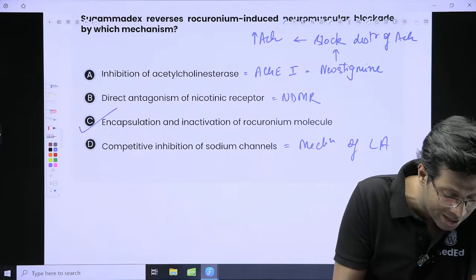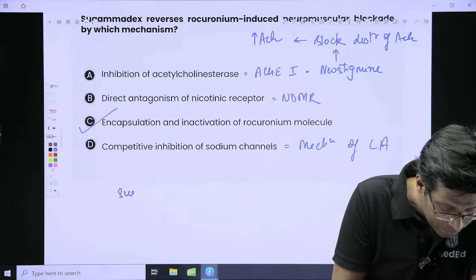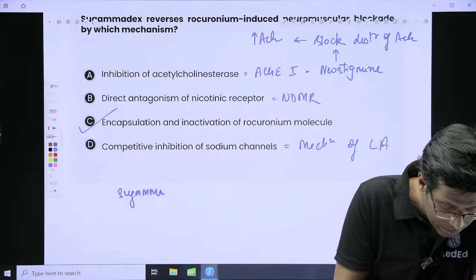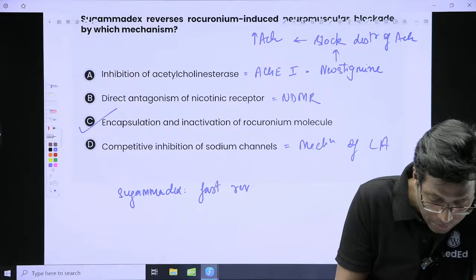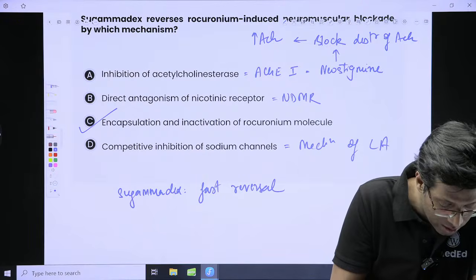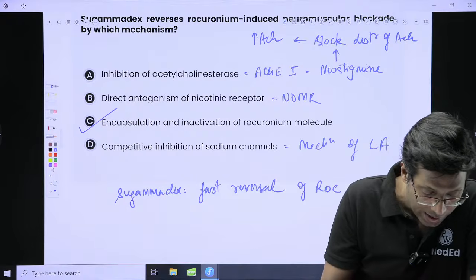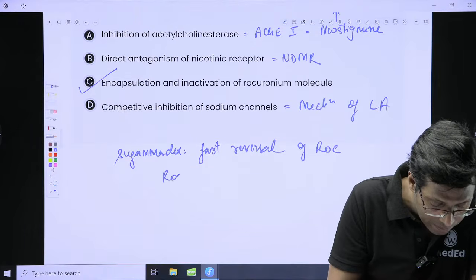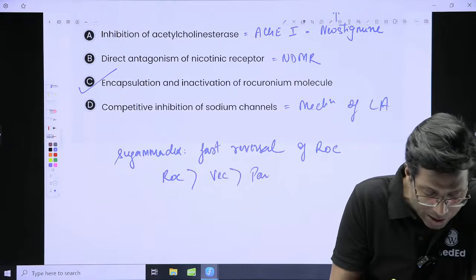So Sugammadex, remember, leads to a fast reversal, especially with rocuronium. It can work for rocuronium more, it can even work for vecuronium, and they say even for pancuronium.